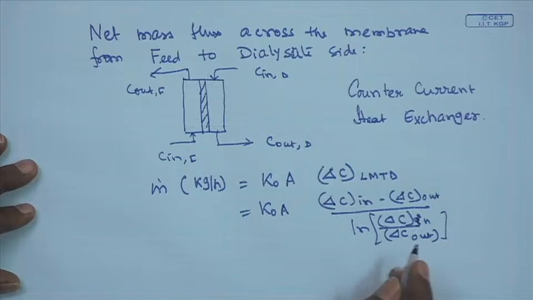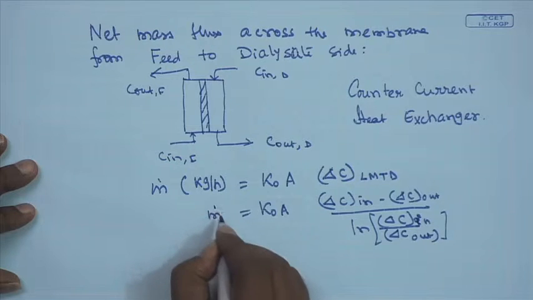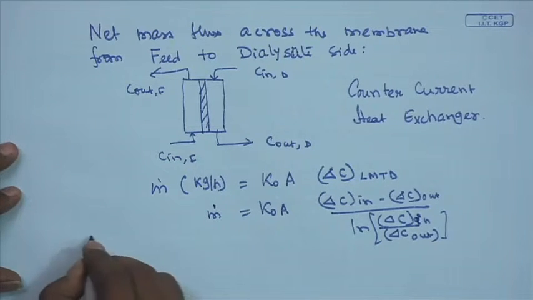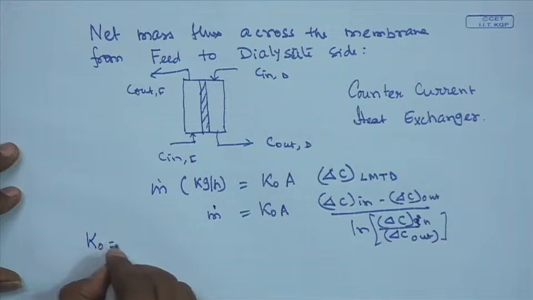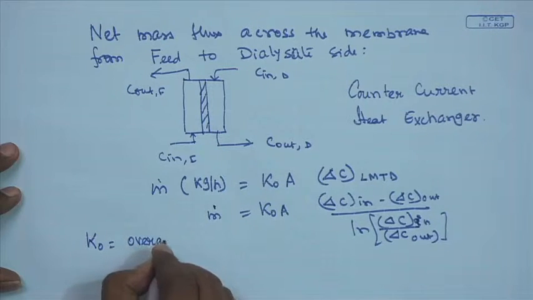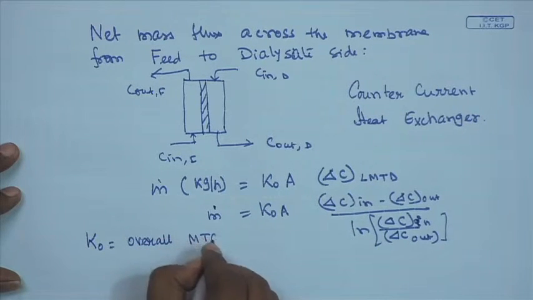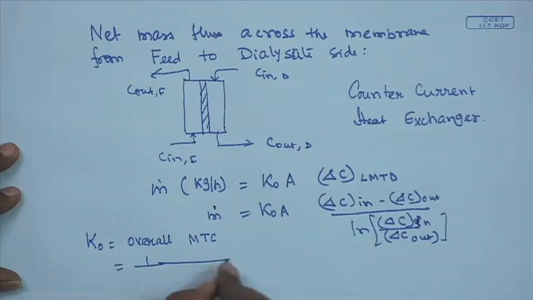Okay. So, this will be the expression of mass exchange or mass transfer across the channel, and K0 is the overall mass transfer coefficient. And we have already seen the expression of overall mass transfer coefficient.